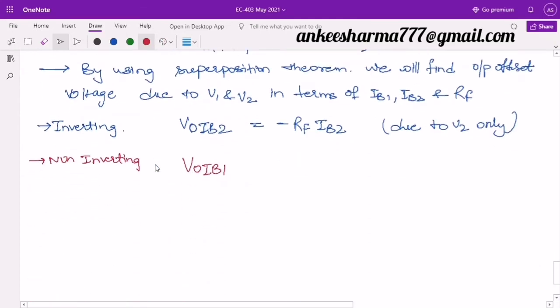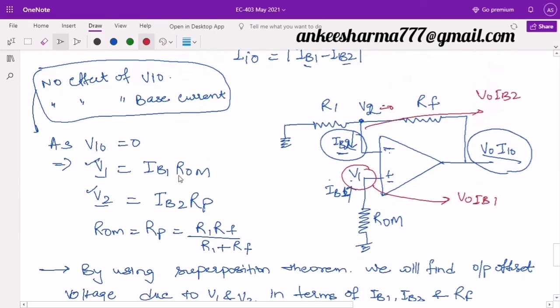So what is the value of VOIB1? If the input voltage here is V1, then definitely the output can be found with the help of your closed loop non-inverting configuration gain. Over there you have studied that the gain is equal to 1 plus RF by R1. So the gain here is 1 plus RF by R1.